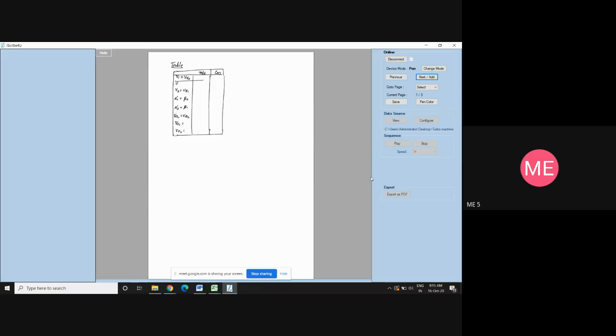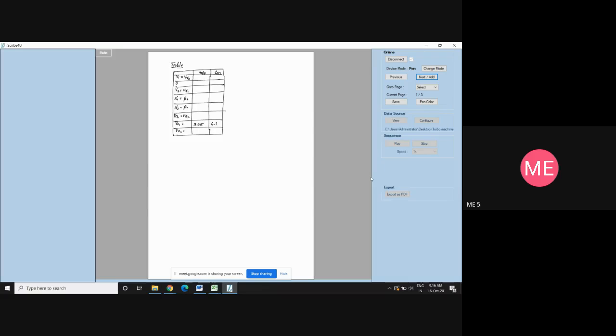Fill up this table. Can anyone tell the answer? VU1 is 305 meters per second, sir. 305. As per the scale, 6.1 centimeters. 6.1 as per the scale.